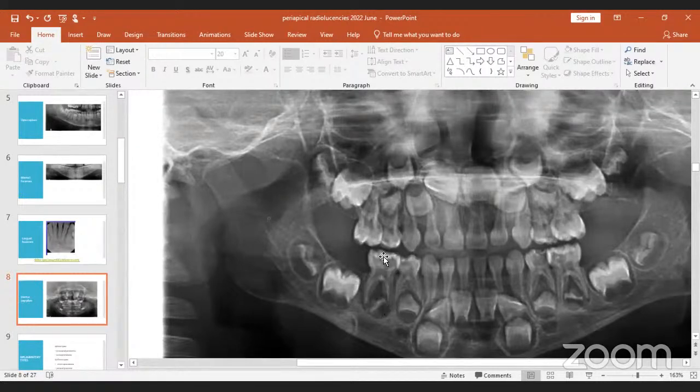Coincidentally, that tooth also looks carious, and probably there could also be infection happening in the interradicular area of that tooth. Look at the other side. The second premolar has just calcified, and the crown is forming, but it is surrounded by an area that is radiolucent.